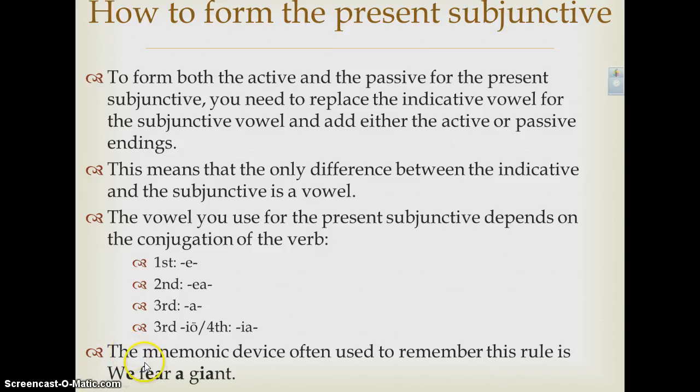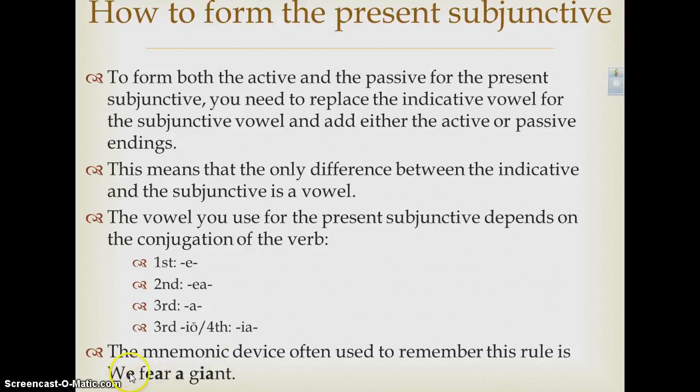However, before we move on, a nice mnemonic device to remember the vowels for first, second, third, third IO, fourth is EAAIA: we fear a giant.